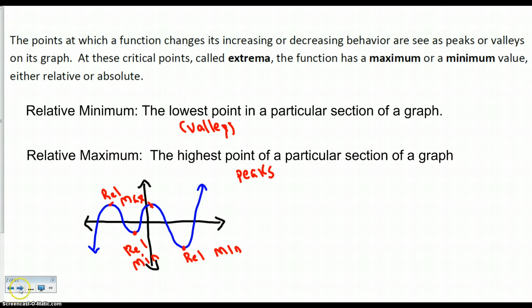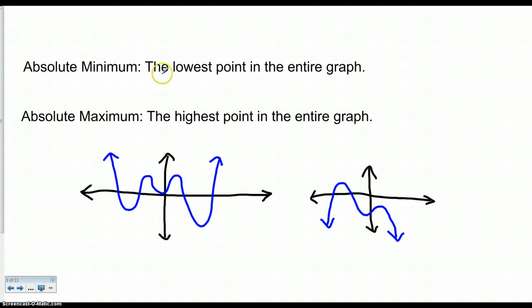So the next thing we want to look at is the idea of absolute minimums and absolute maxes. Absolute minimums are the lowest point in the entire graph, and absolute maximums are the highest points in the entire graph. So let's look at this graph right here. I know right now that there are 1, 2, 3 points.